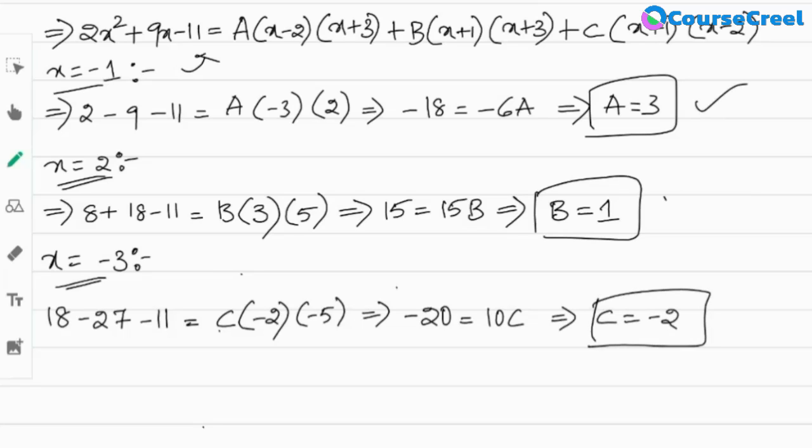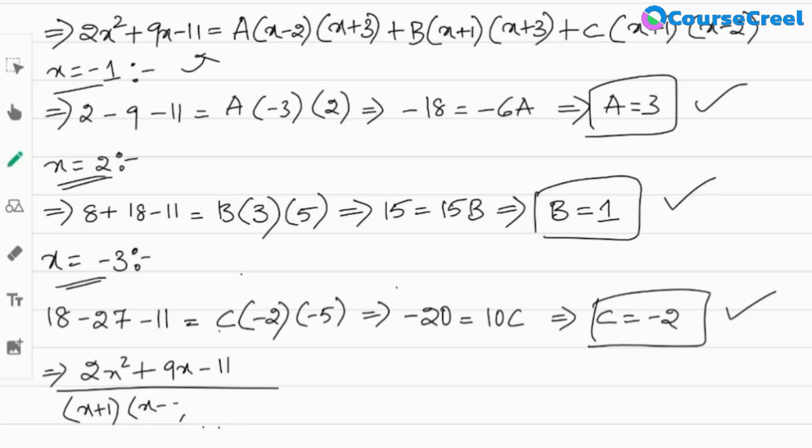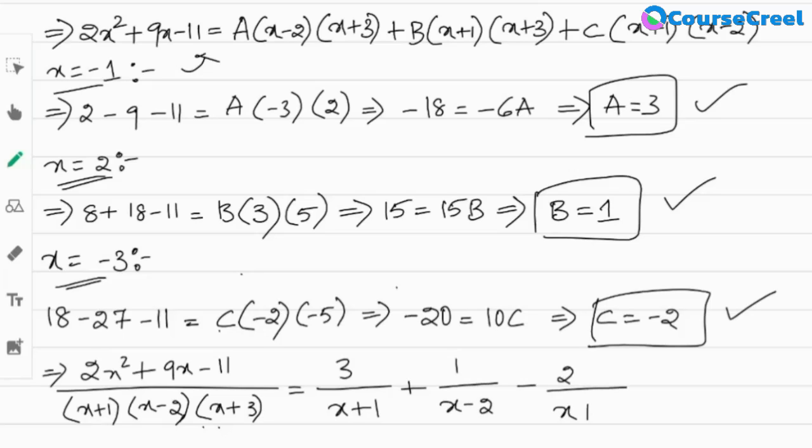So we got the values a, b and c. Now by substituting these values in the partial fractions, we get the partial fractions of 2x square plus 9x minus 11 by x plus 1 into x minus 2 into x plus 3 as: a is 3, so 3 by x plus 1 plus 1 by x minus 2 minus 2 by x plus 3.